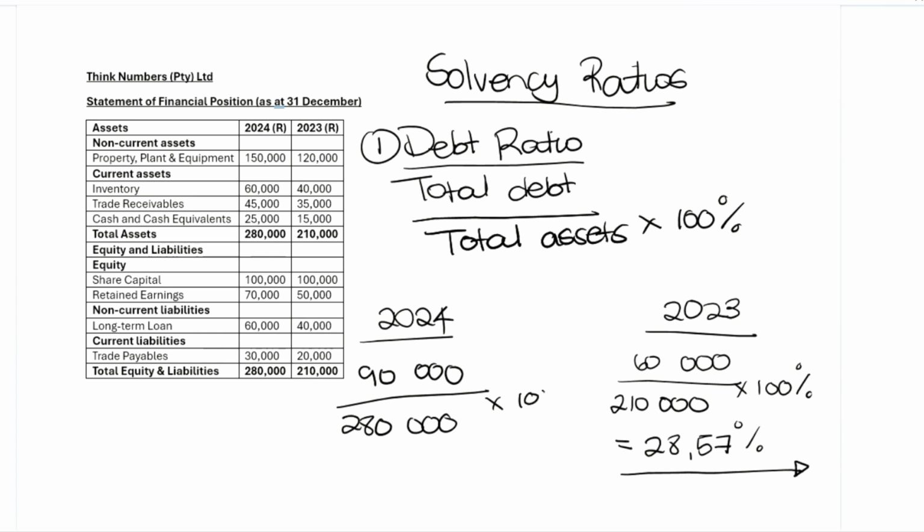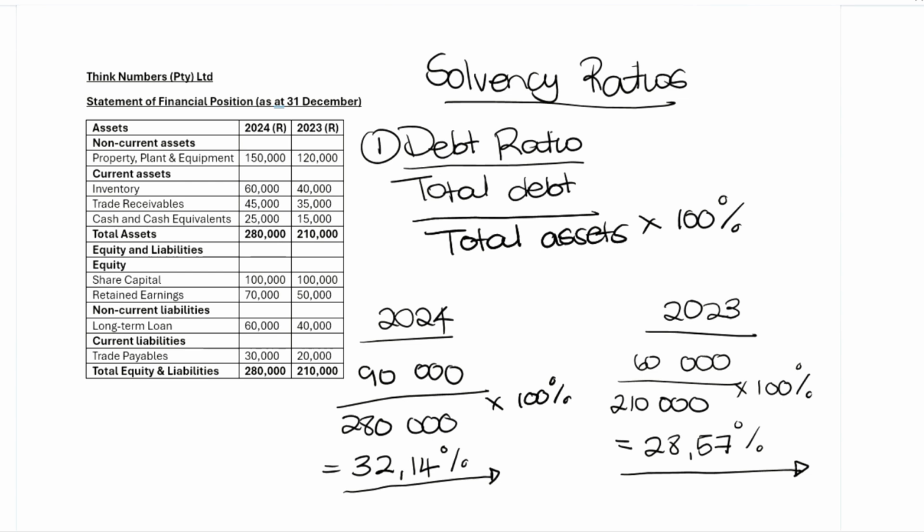Multiply this by 100%, and then we would see that in 2024, our debt ratio increased to 32.14%, which could probably be attributed to the fact that our long-term loan and our trade payables had increased in the 2024 year. All right, so that's number one under solvency ratios.